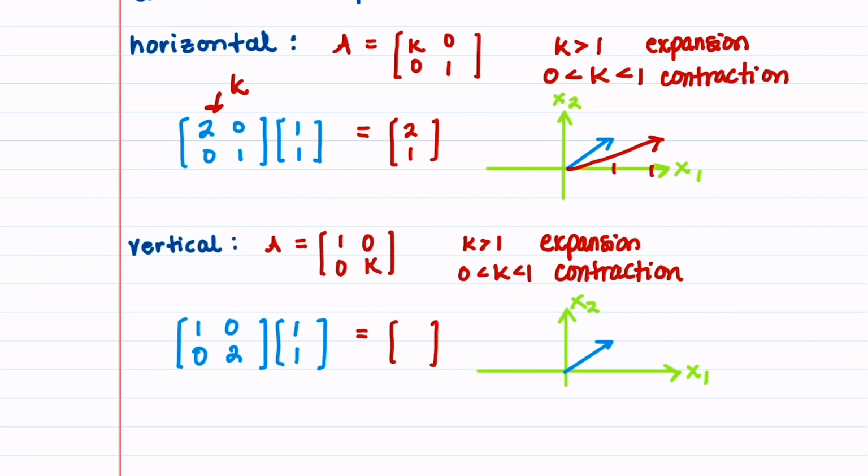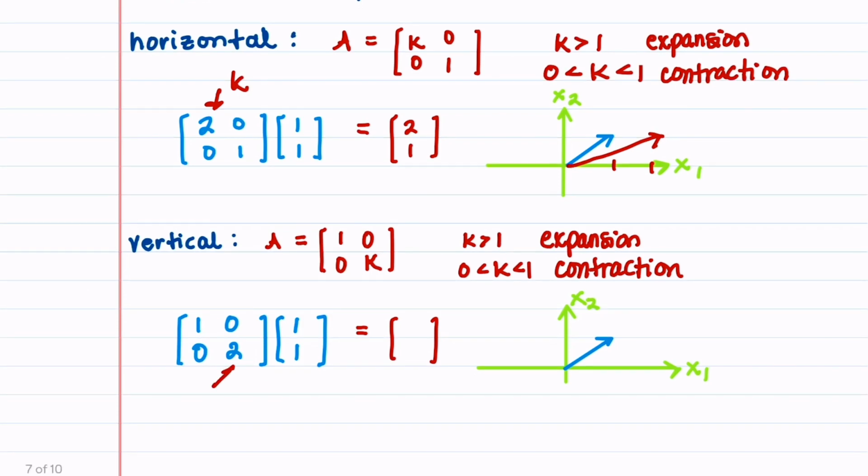If we have our vector 1, 1, and we want to expand it vertically by a factor of 2, our K gets set equal to 2. We multiply A times 1, 1, and we end up with 1, 2. And if we plot that, you can see that our vector expands vertically by a factor of 2.